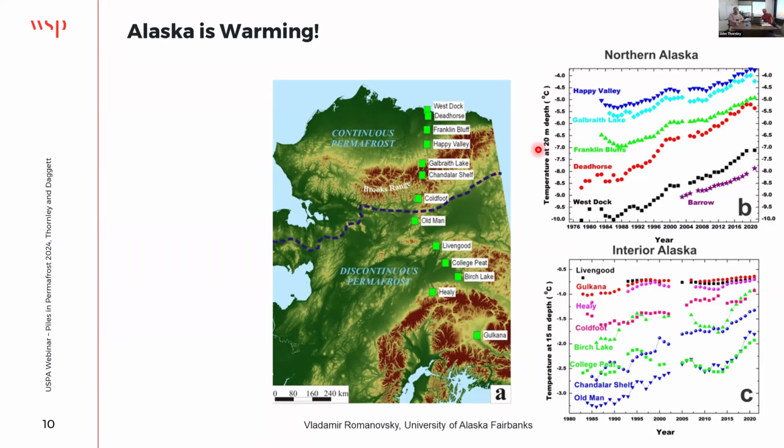I find this very striking: at 20 meters or 60 feet or so depth, you see a significant warming since the 1970s until today, giving you the insight that it's not just the air temperature that we're seeing as warming. The general trend in permafrost, especially up on the North Slope, is that there's a significant amount of warming over time.